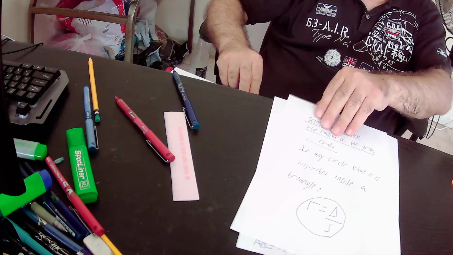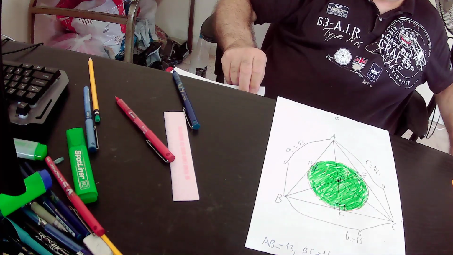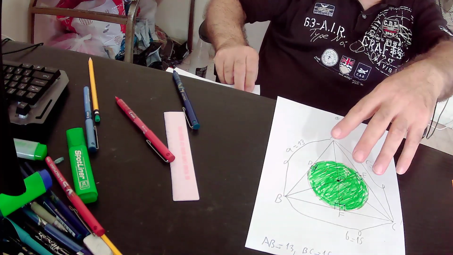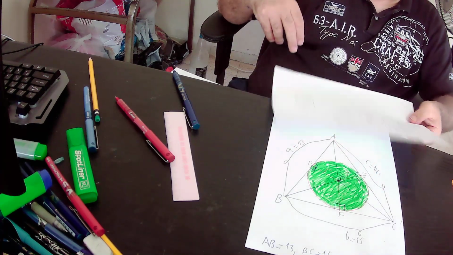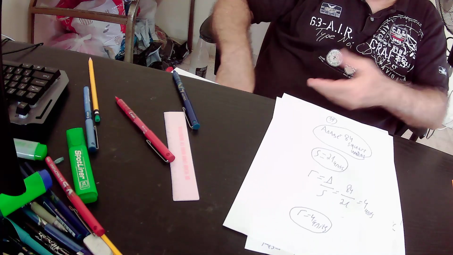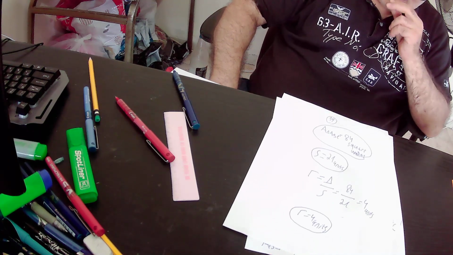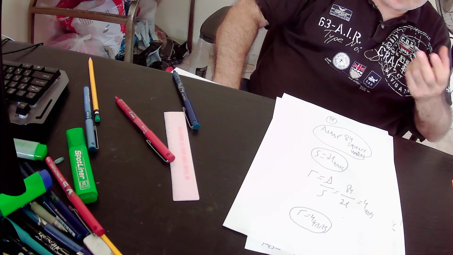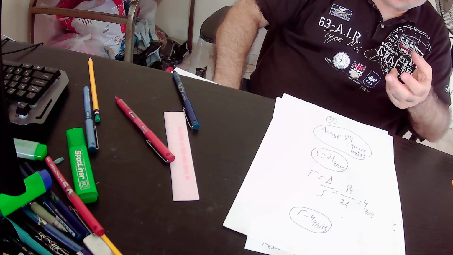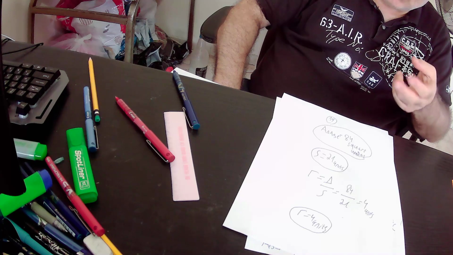We have already found that the area of the triangle that contains the green circle is 84 square units in 3 different ways, and we found that the semi-perimeter of triangle ABC equals 21 units.